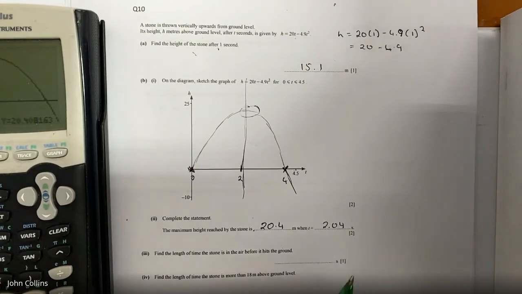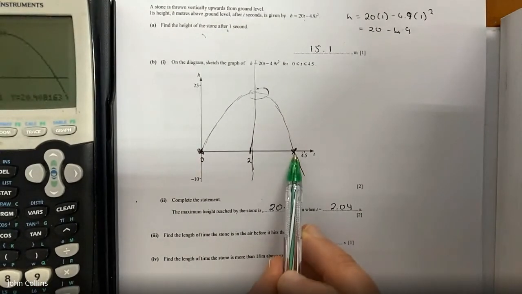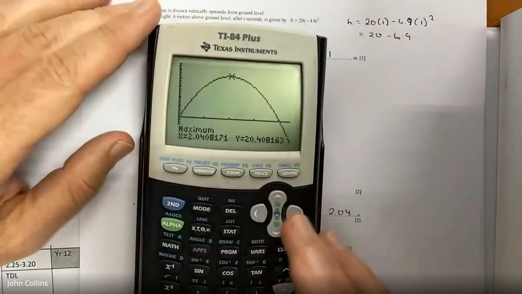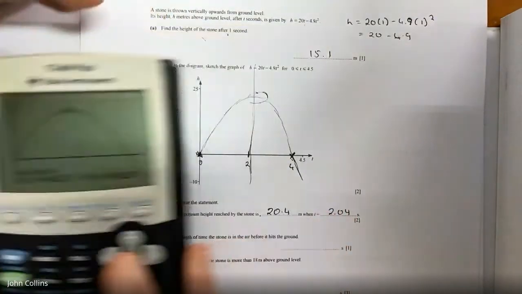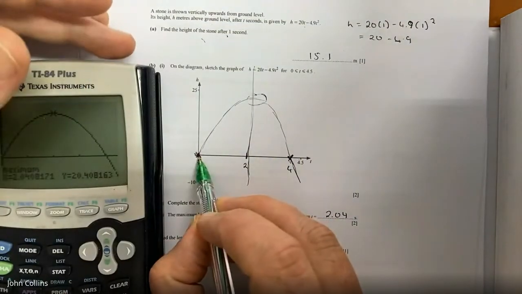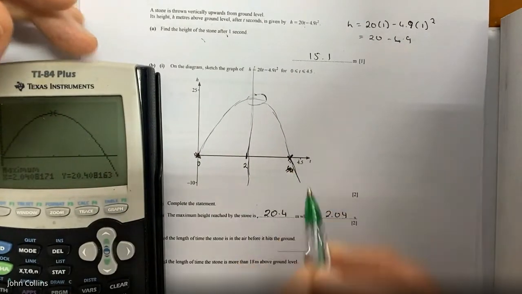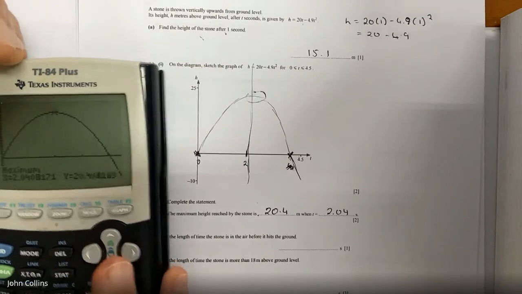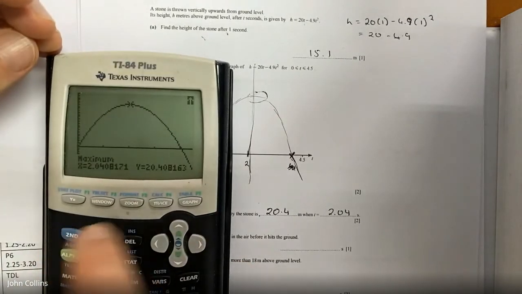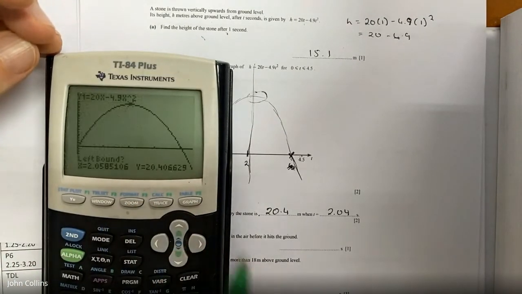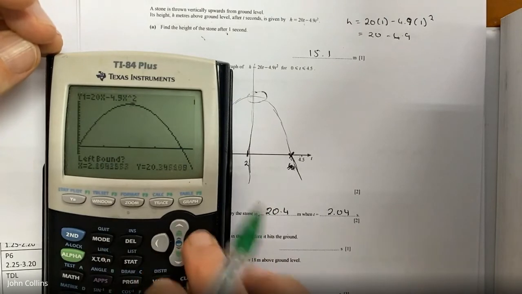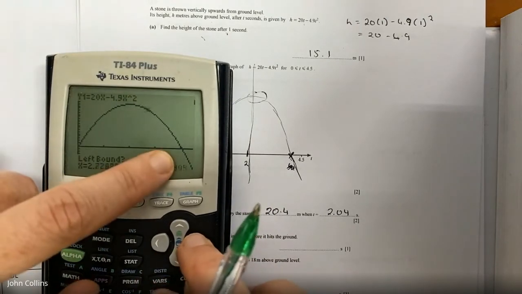Okay. Find the length of time the stone is in the air. Is this not 4? Maybe it's not 4. So the length of time the stone is in the air, that's 0. I presume this is 4. I don't think it is actually 4. I have to find the zeros. Use the calculator again. Second calc. Find the zeros. I'm trying to find this point here.